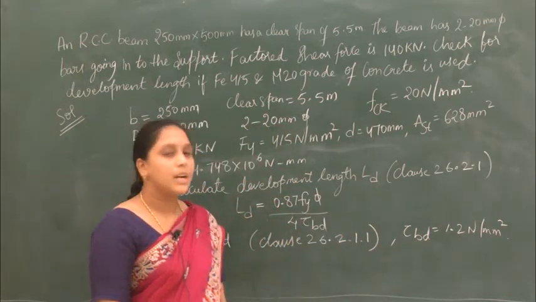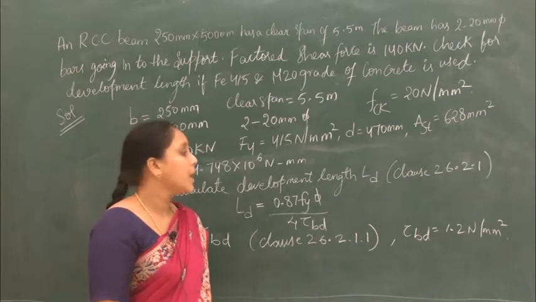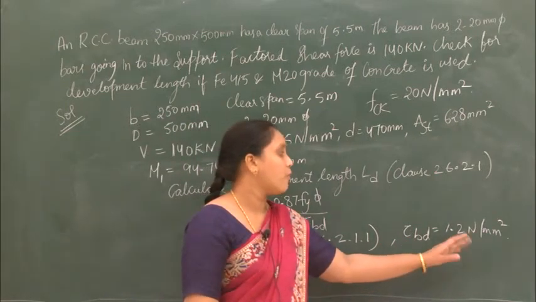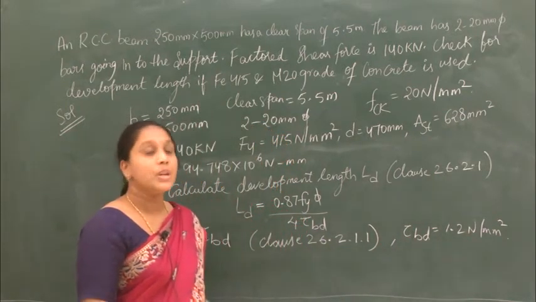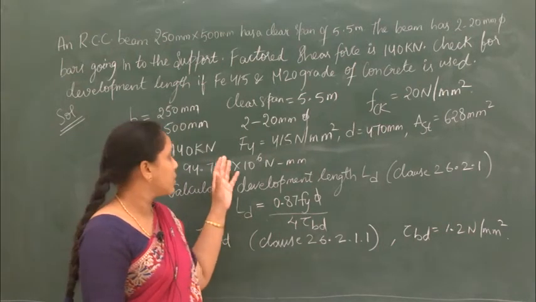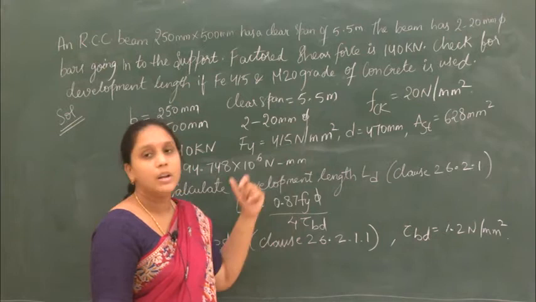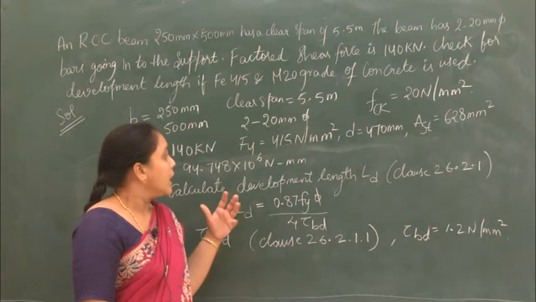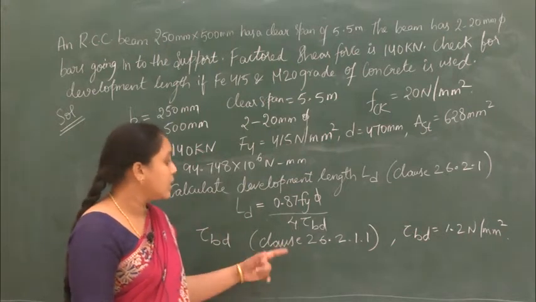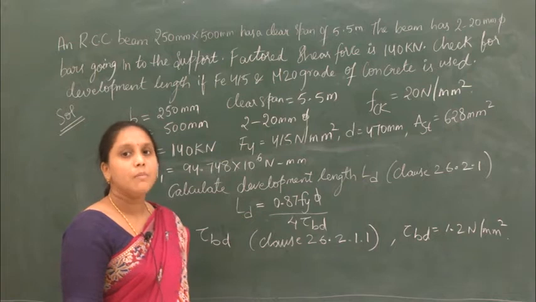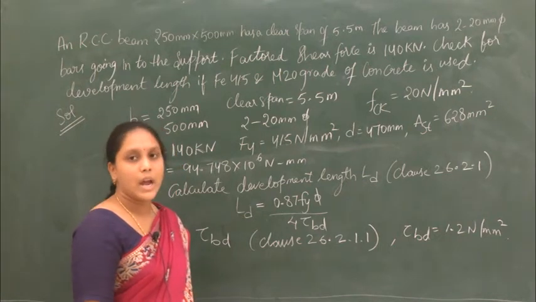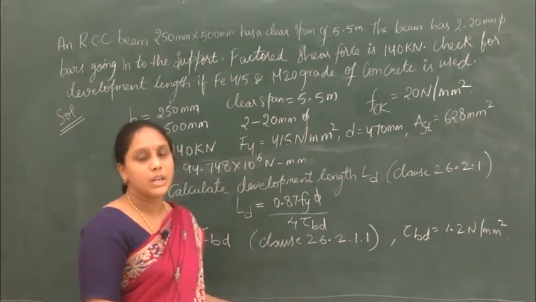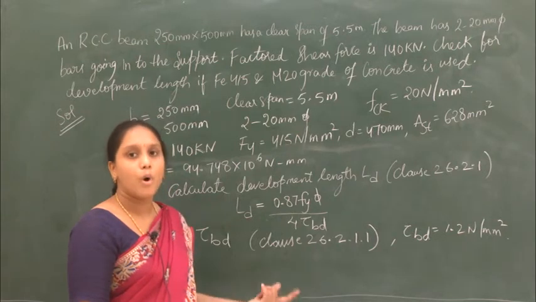But that particular tau BD value is valid for plain bars. That is for Fe 250 bars only, the tau BD value of 1.2 Newton per mm square is valid. Here, what is the grade of steel we are using? The grade of steel is 415 Newton per mm square. That is, we are using the HYSD bars here. So if we are using the HYSD bars, below this clause there is a point. In that particular point, it is mentioned that for HYSD bars, there should be a 60% increase of the bond stress.